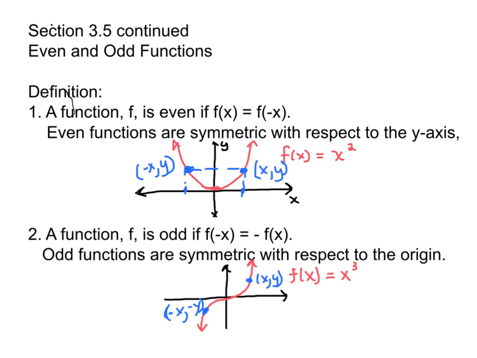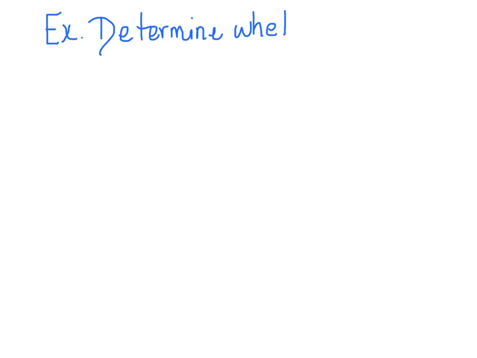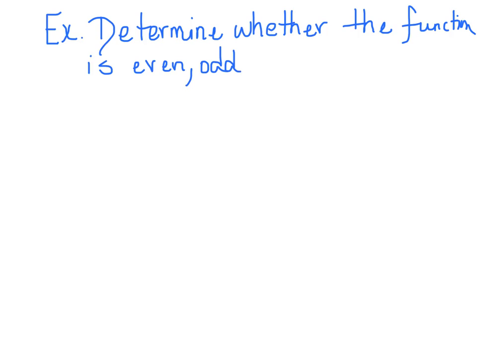All right, so let's take a look at an example so you can see what I'm talking about. So for example, let's say we want to determine whether the function is even, odd, or neither.